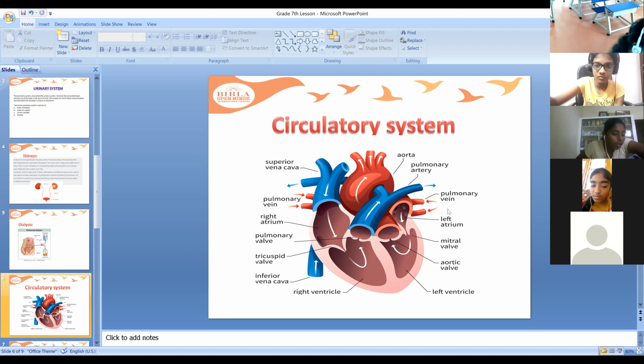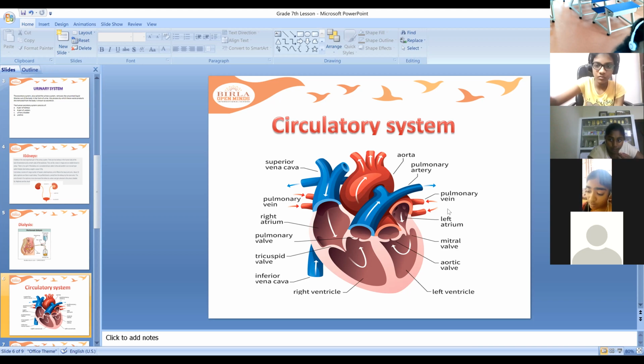We'll go into detail about all these things one by one, children. Firstly, we'll discuss the heart. The heart has different parts, like different chambers, such as the right auricle. You can even see an image of the heart in your course book, children, on page number 21.